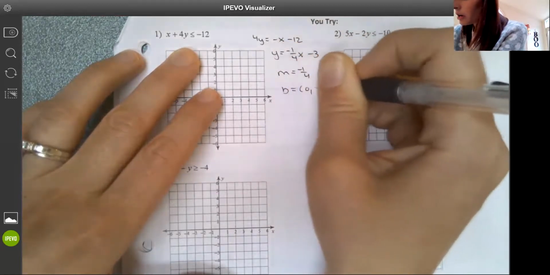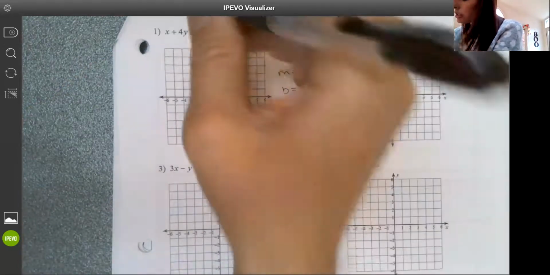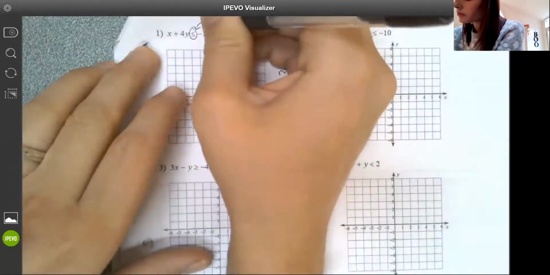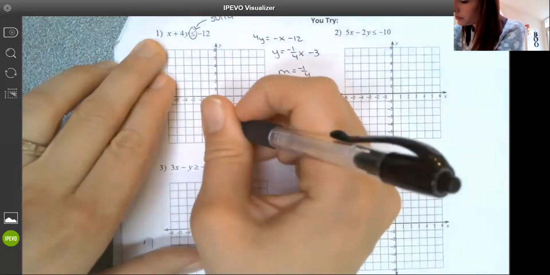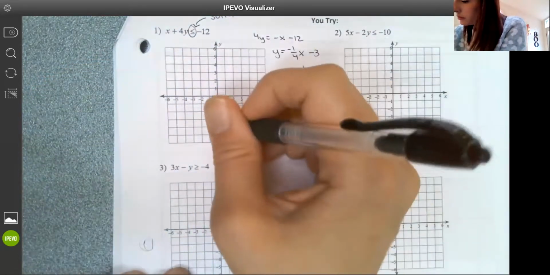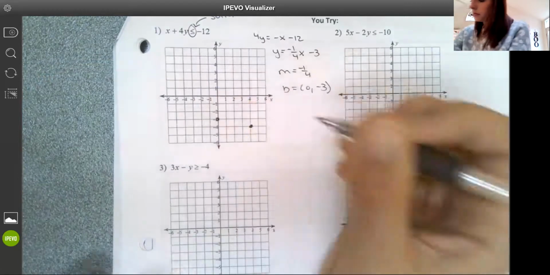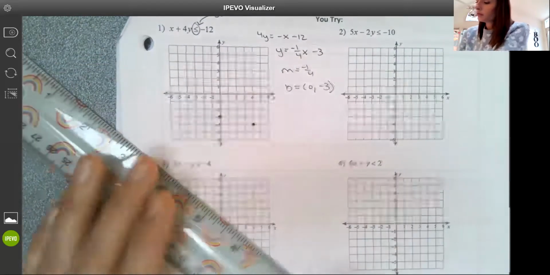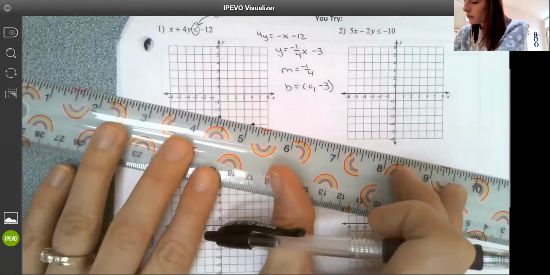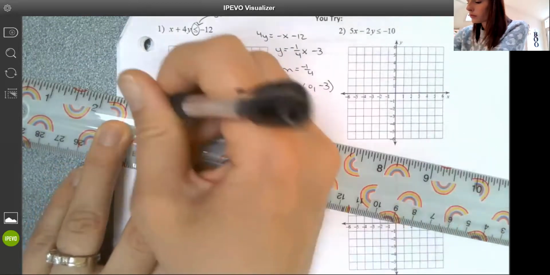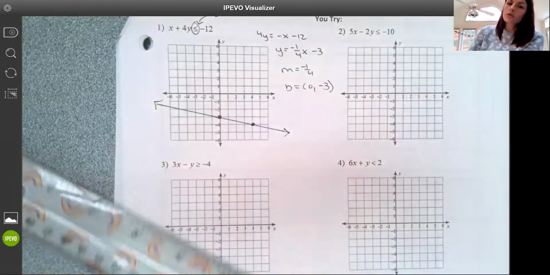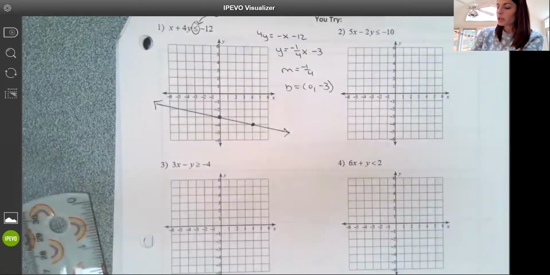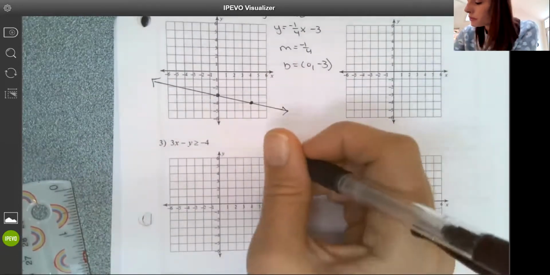And be thinking about, should I graph a solid or a dashed line? For both of these, just graph the line. We'll talk about shading in a minute.